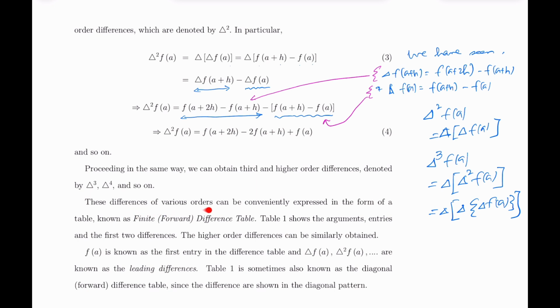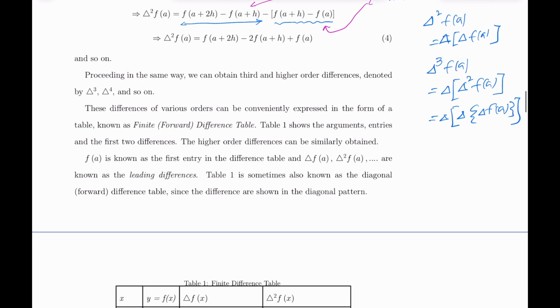These differences of various orders can be conveniently expressed in the form of a table, which is known as the finite forward difference table. On the next page, we have shown table 1, which gives you the arguments, entries, and the first two differences. The higher order differences can be similarly calculated.